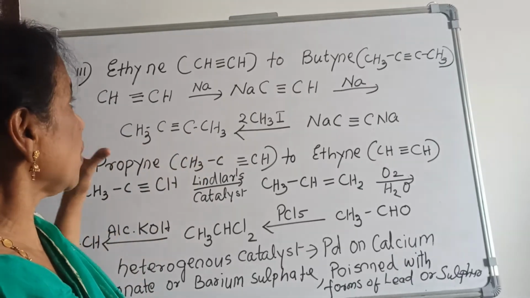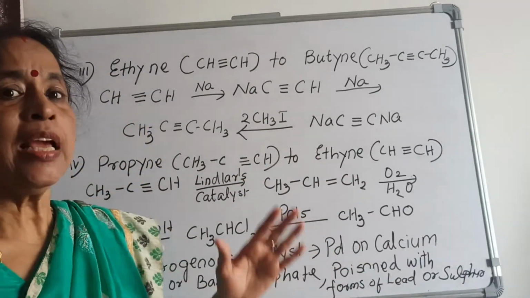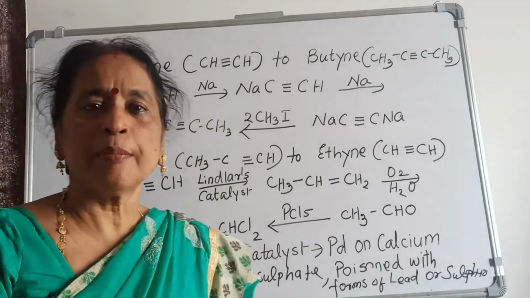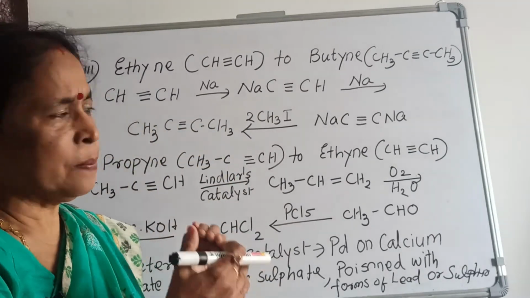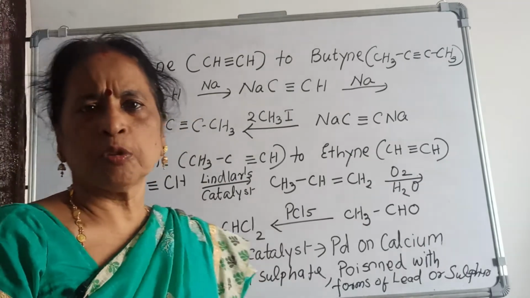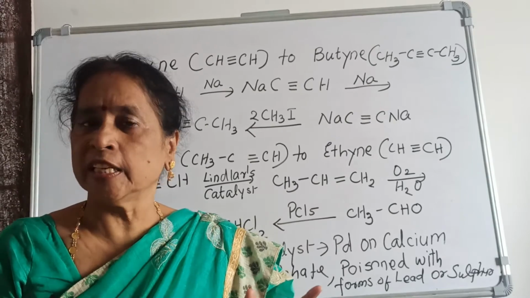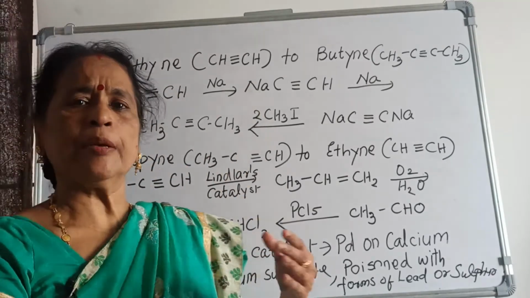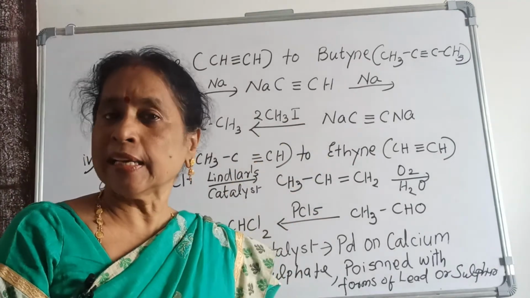That means what is your aim? Ethyne should be converted to butyne, ethyne having 2 carbons and butyne having 4 carbons. And how will we increase? Generally ethyne reacts with sodium easily and the hydrogen is replaced by sodium. The sodium can easily be substituted by an alkyl group from an alkyl halide.